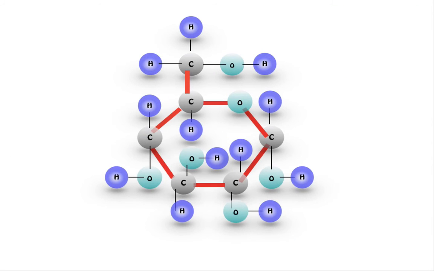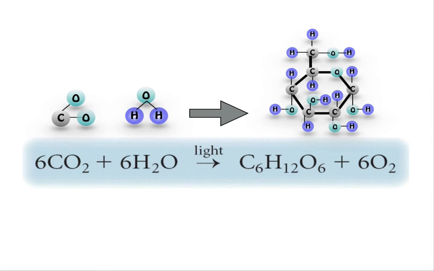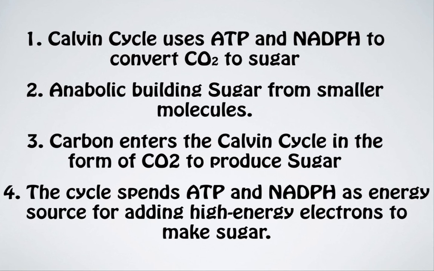And so here we are, our brand new sugar molecule that has all the energy from ATP. Let me quickly take you back to the second slide that I showed you. The Calvin cycle uses ATP and NADPH to convert CO2 into sugar.